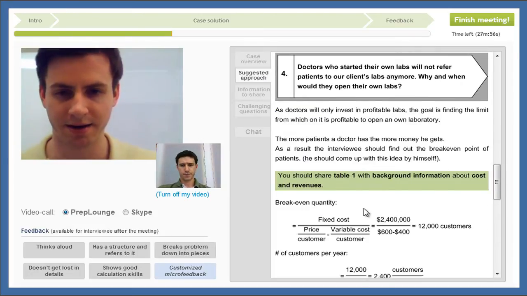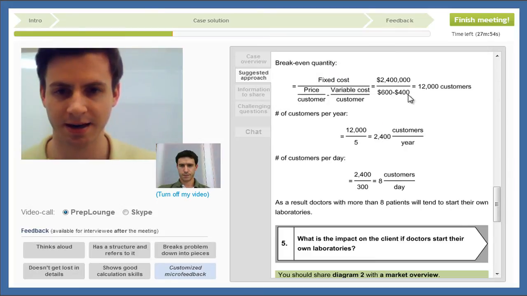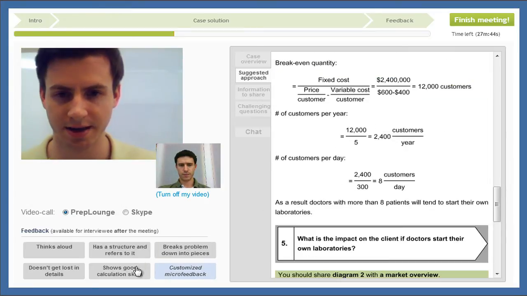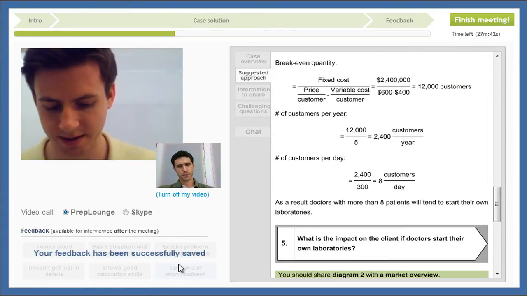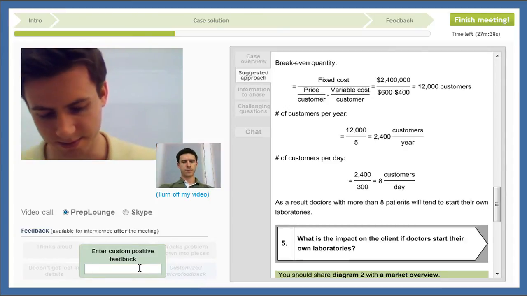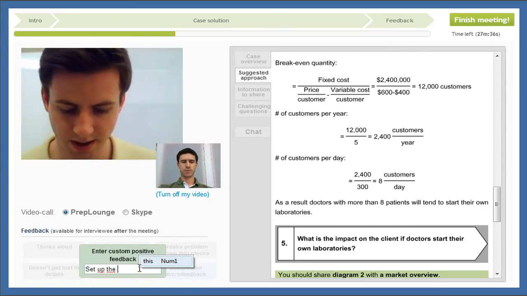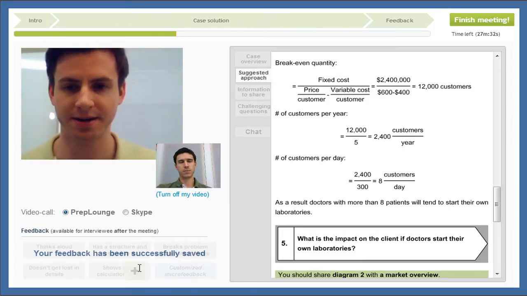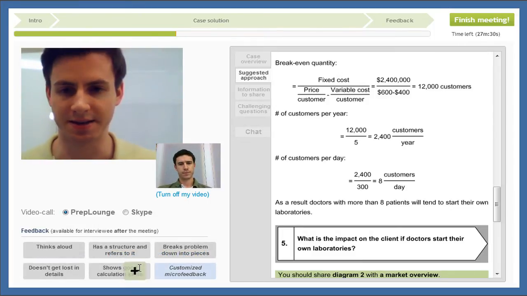Bring 200x on the other side. So we have 2.4 million equals 200x, and then we have to divide by 200. 2.4 million divided by 200 gives us 12,000 customers over the entire period, and this is 5 years.